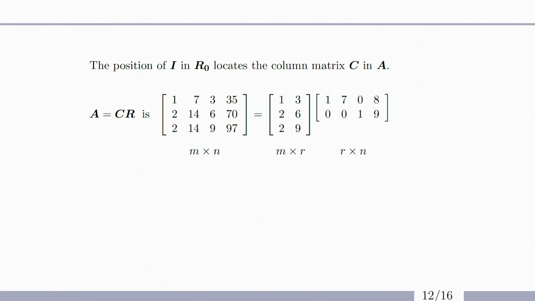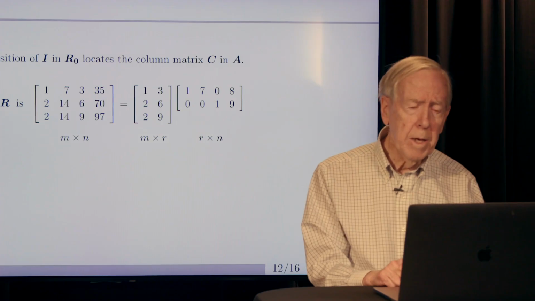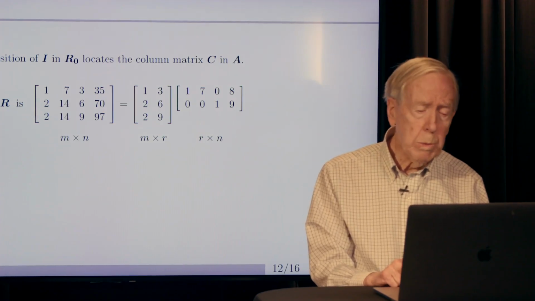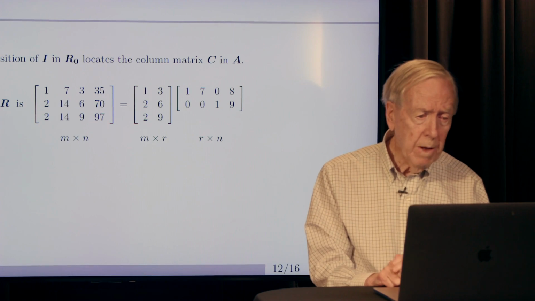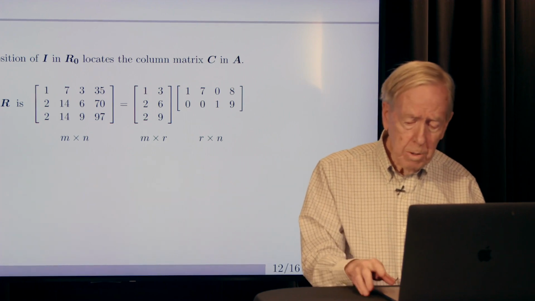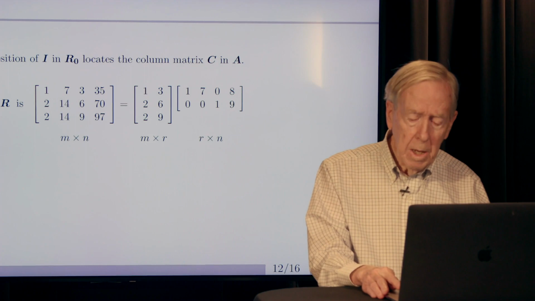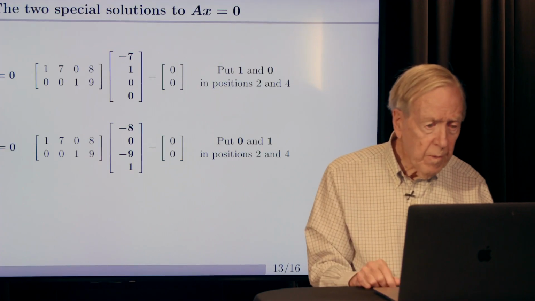But now, even where we're up to 4 columns and 3 rows, we need a method, and that's the point of this talk, and it was also the point of lecture 7 in the original Math 1806 on OpenCourseWare. Okay, so we've found C and R. Good. I think it's just congratulating ourselves from here on in.